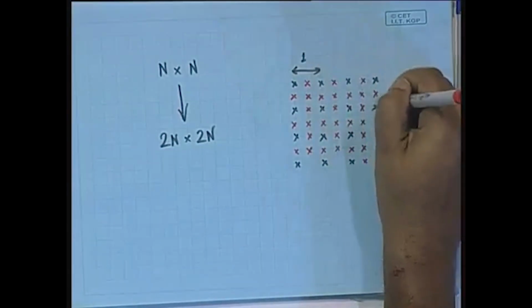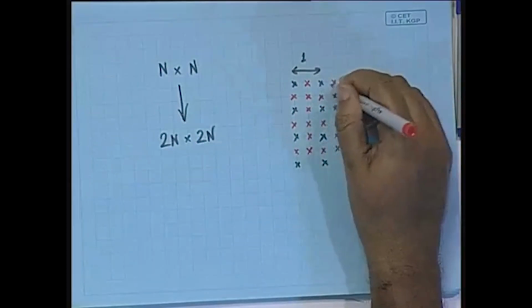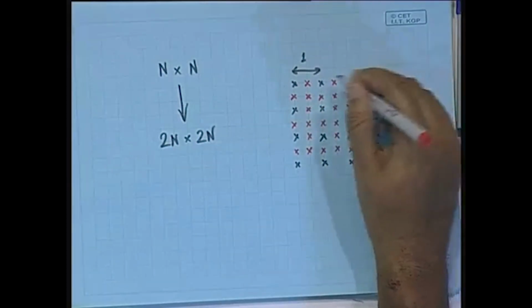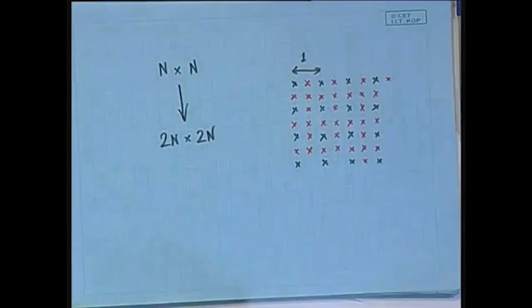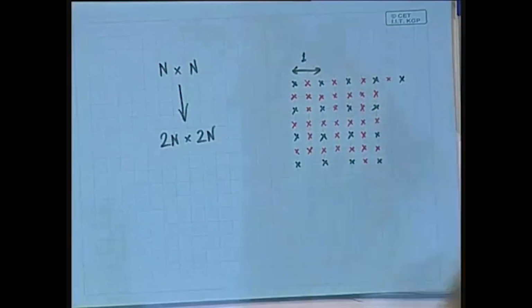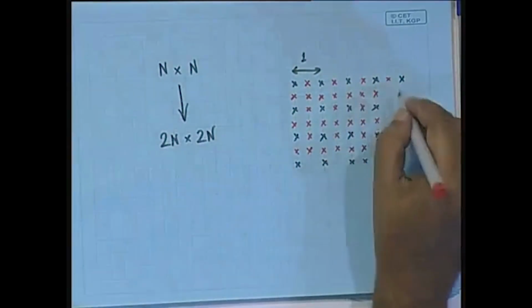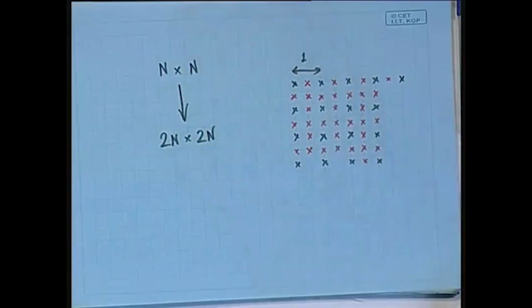So, you see the original image was a 4 by 4 image, but the interpolated image is 8 by 8. In fact, there will be some black pixels even here also. So, the resolution of the image has been increased to 2n by 2n.